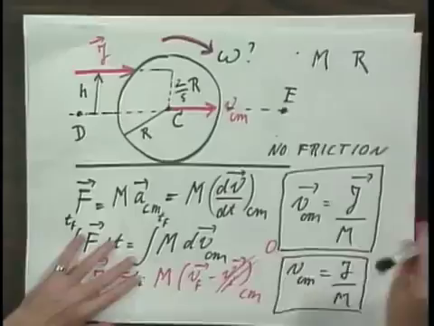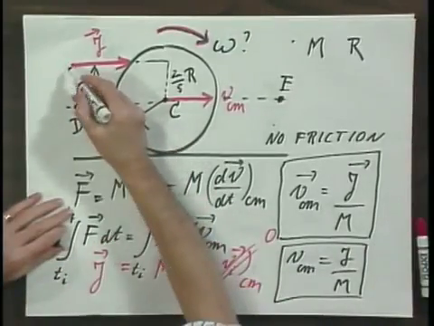Now in solving this problem, because I solved for the velocity of the center of mass and for the angular velocity about the center of mass, I chose a point on the line DCE. You could have chosen a point anywhere on the line through the impulse.